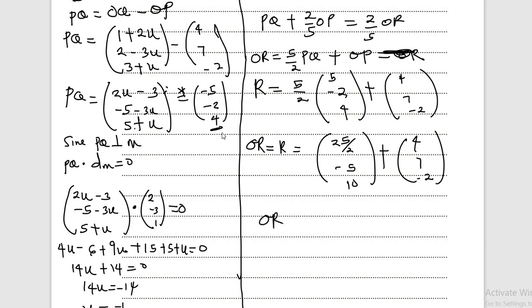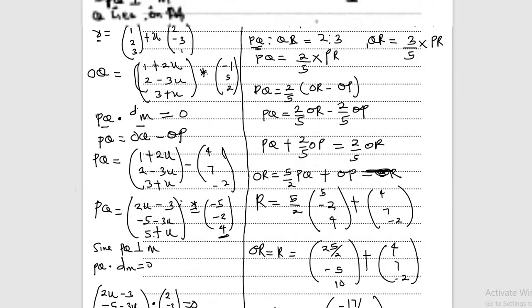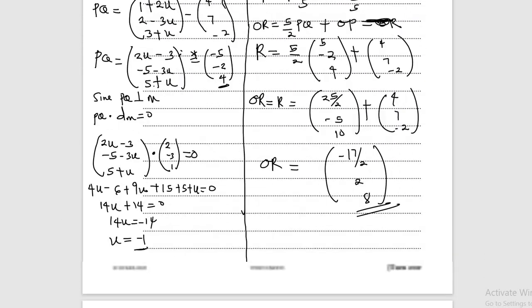So OR, when you add them together, this one will give us minus 17 over 2, minus 5 plus 7 is 2, 10 minus 2 is 8. This is the vector R the question asks us to look for. I believe it's clear and it's clearly explained. Let's see the next question.